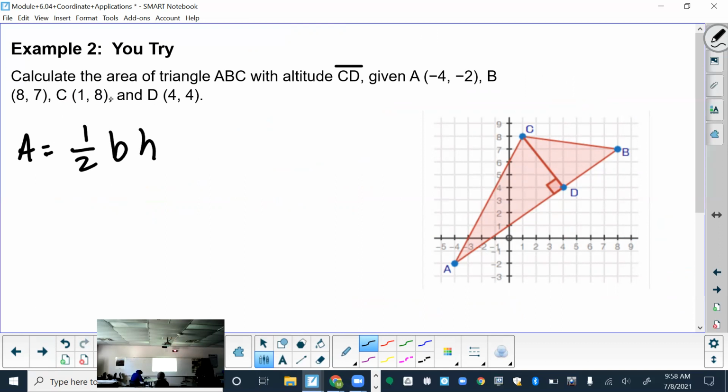All right, so calculate the area of triangle ABC with altitude CD. So this is showing you the height right here, given these vertices. So base would be what side? EA. Good. This whole side right here is your base.